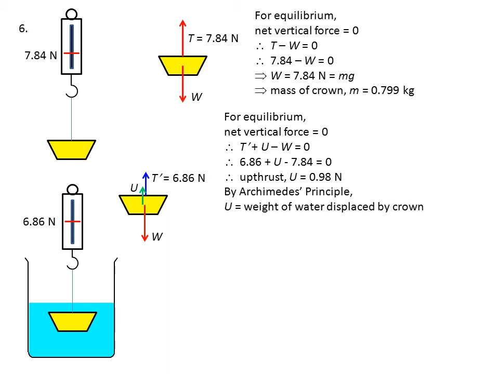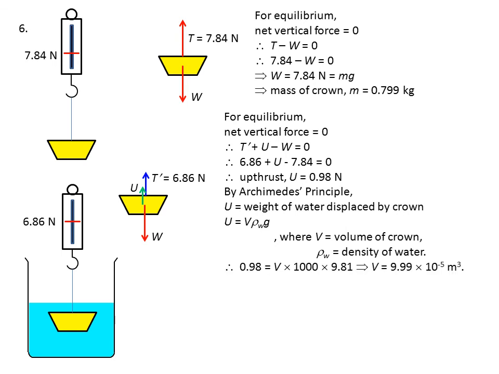By Archimedes' principle, this upthrust is equal to the weight of the water displaced by the crown. And the weight of the water displaced by the crown is simply the volume of the crown multiplied by the density of water, and this gives you the mass of the water displaced by the crown.